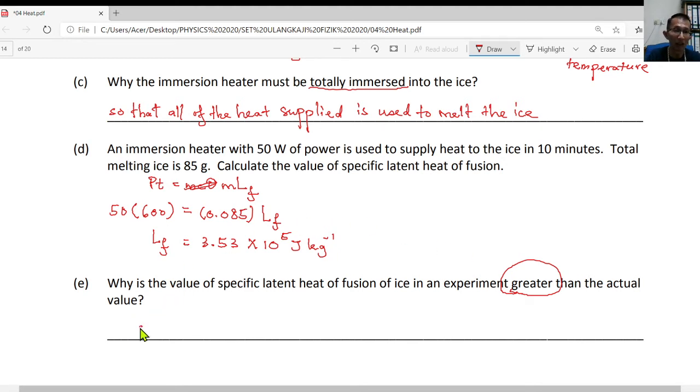Because some heat has been lost to the surrounding. This is the reason why we are not able to get a very accurate specific latent heat of fusion. All right.